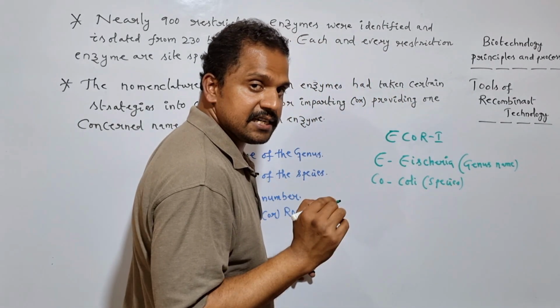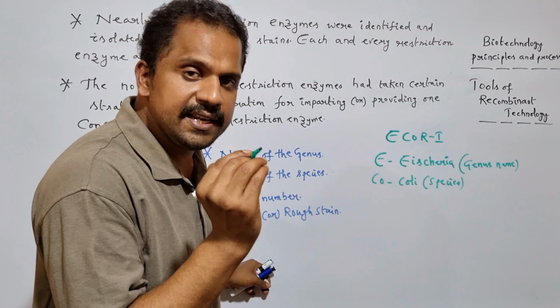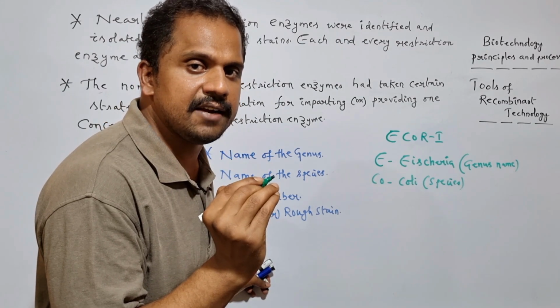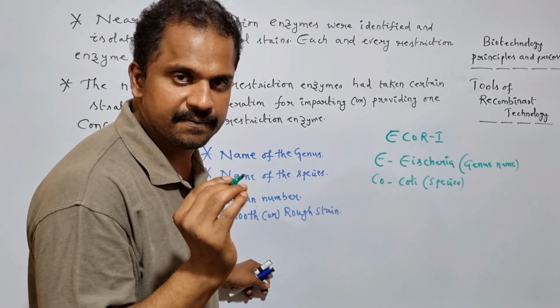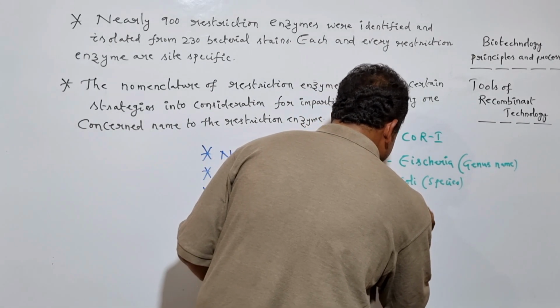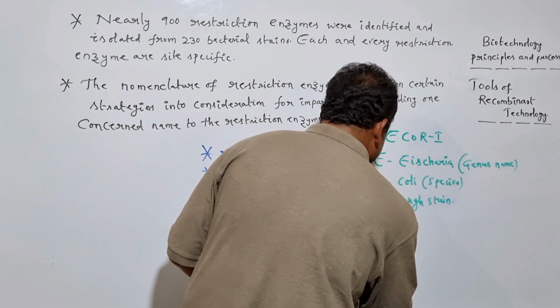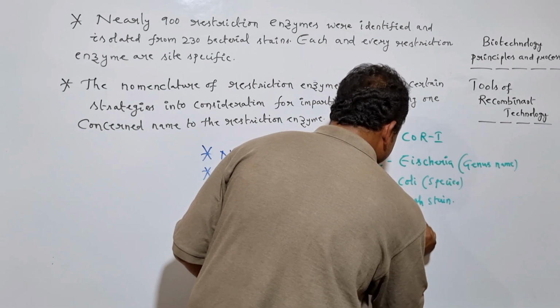And here R stands for rough strain. That means the concerned restriction enzyme is isolated or identified from the rough strain. Rough strain. And here I stands for the Roman number.